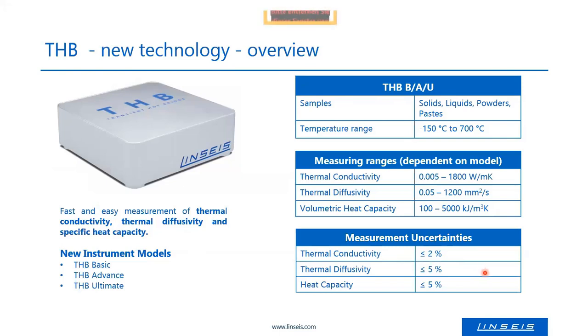And for the heat capacity, we need the density of the sample, and then if we have all this information, conductivity, diffusivity, and density, we can calculate the heat capacity with an uncertainty of around 5% or even better.